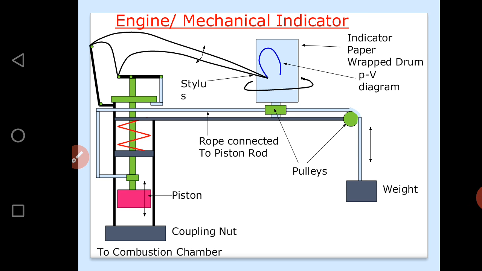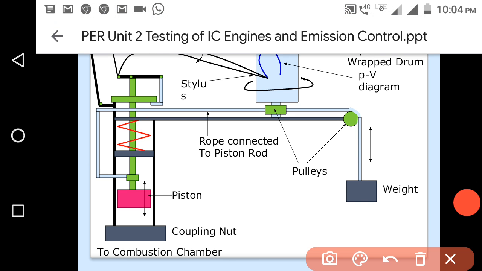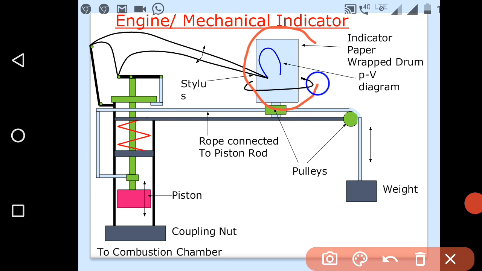This is the apparatus by which we can draw it. Here you can see the indicator paper wrap drum, where we can draw the PV diagram, and with the help of this indicator diagram we can derive the formula for calculating the indicated power.